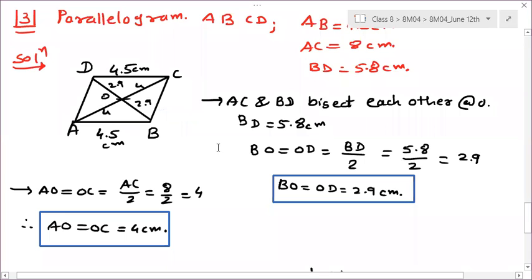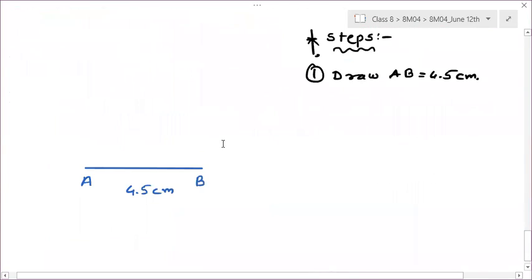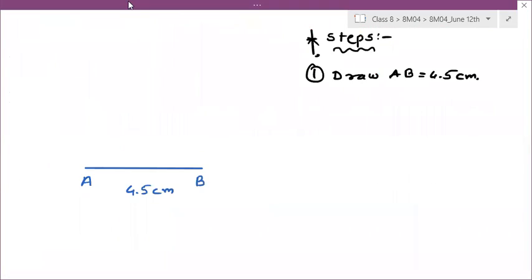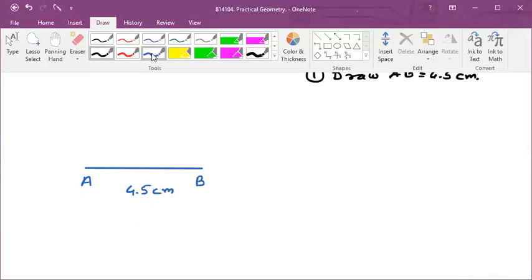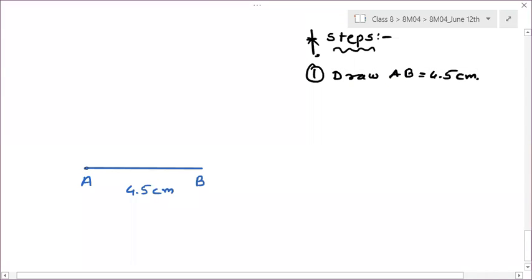Right. So I'll draw an arc of 4 centimeter with center as A. With the help of compass, I will take center as A, radius equal to 4 centimeter, and I'll draw one arc above AB. Right, suppose this is my arc.